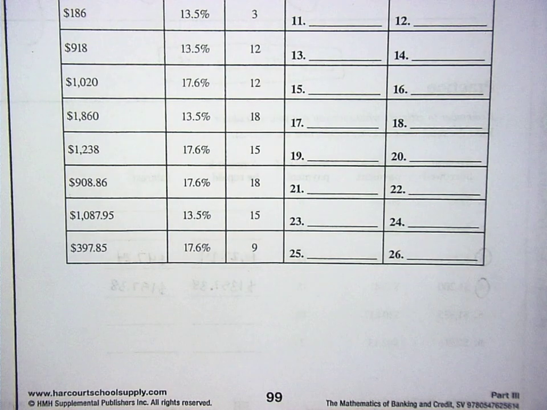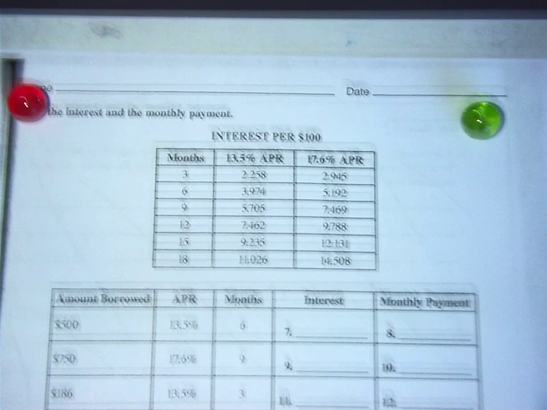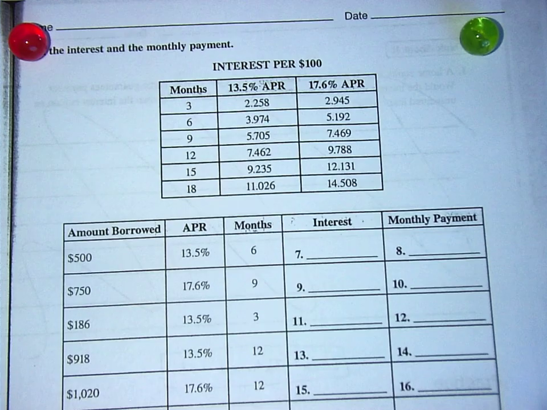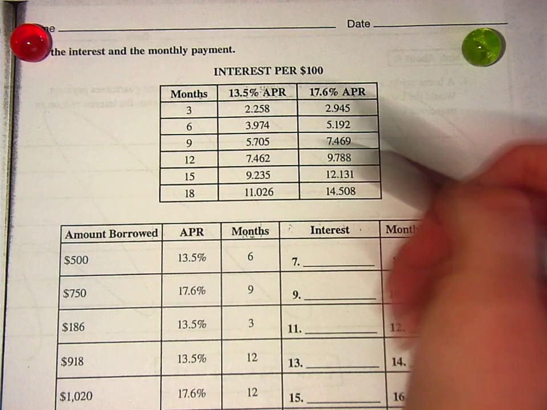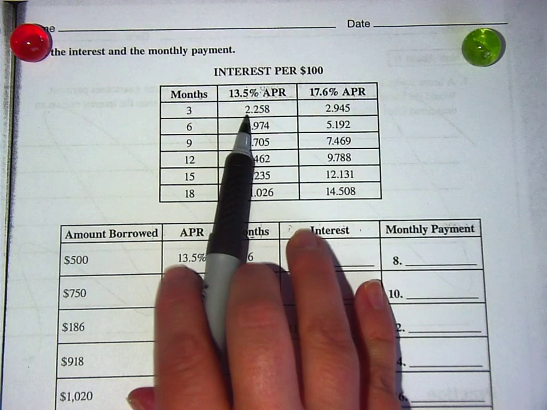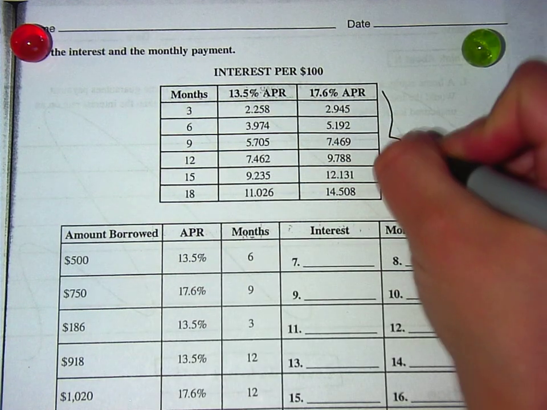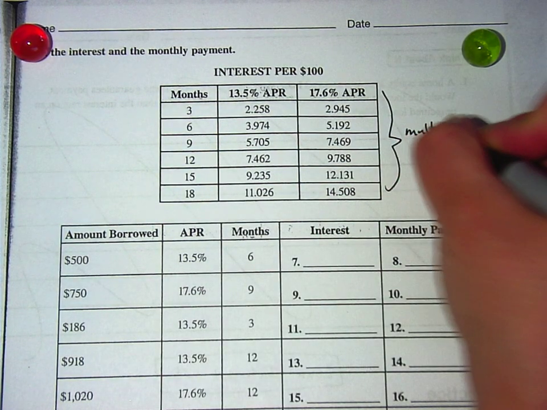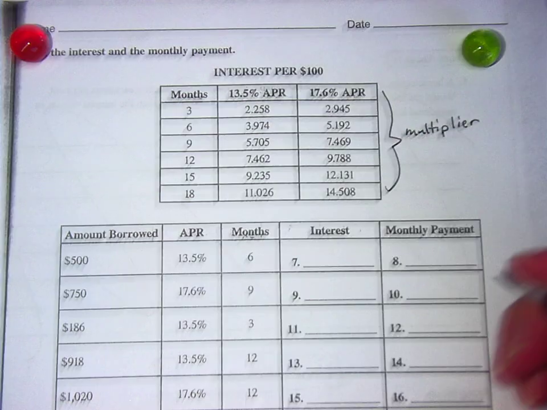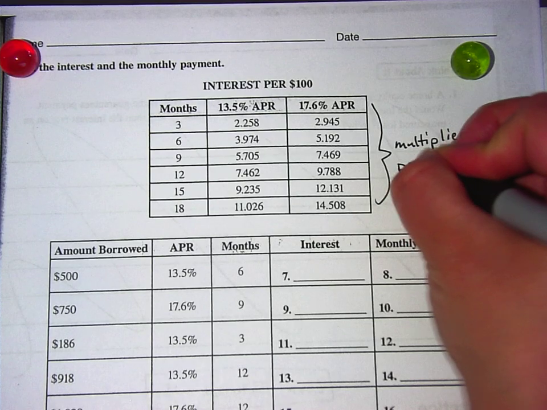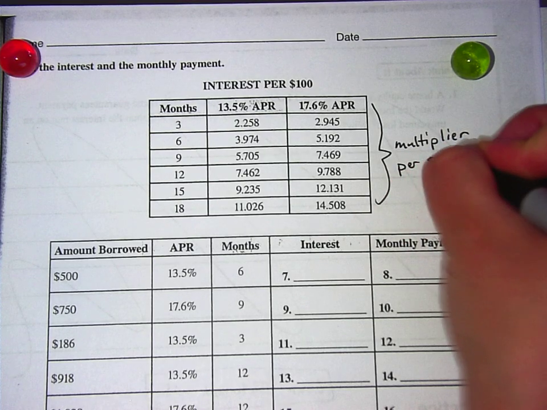All right, now this is a chart on top that tells you how much you would pay in interest per $100. So this is like somebody already did the math for you. This is the multiplier, so everybody write multiplier next to this. Per $100.